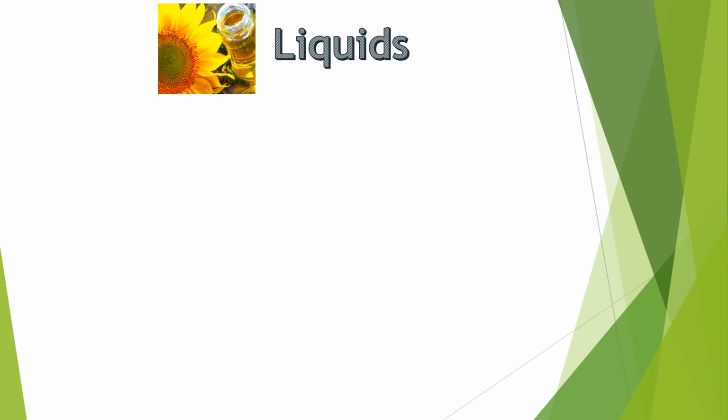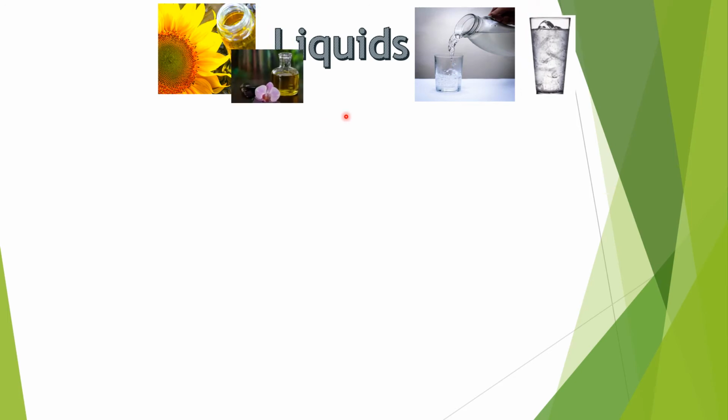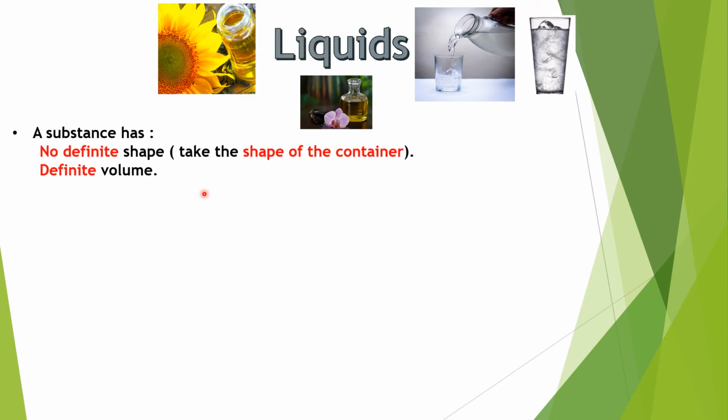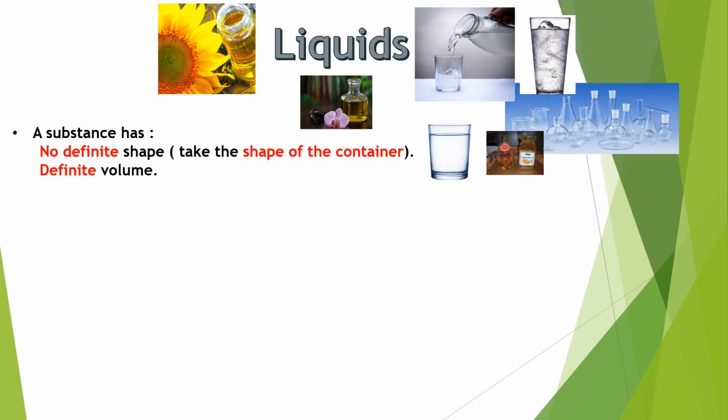Liquids, like oil, water. A liquid is a substance that has no definite shape. It takes the shape of the container, and has definite volume. No definite shape, like water, oil.